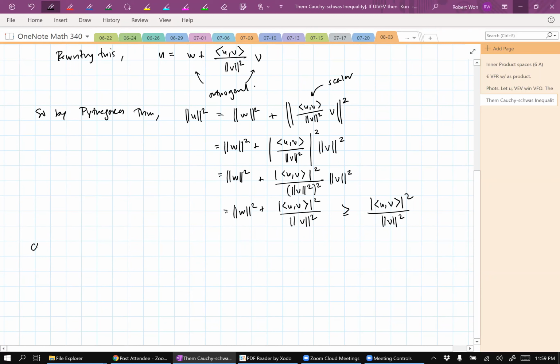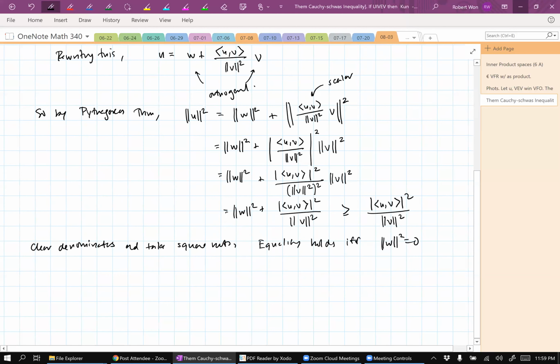So now clear denominators and take square roots. Okay, also, we said that equality will hold if and only if one of u or v is a scalar multiple of the other. So note that equality holds if and only if the length of w squared equals 0.